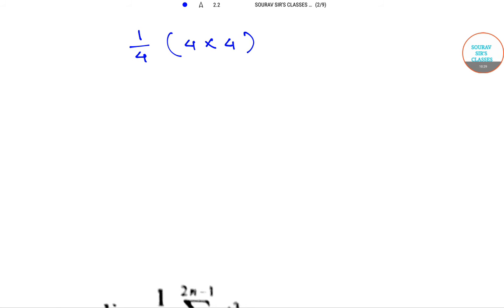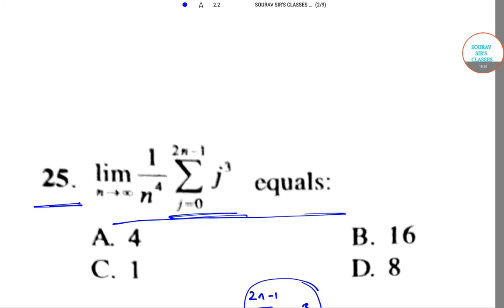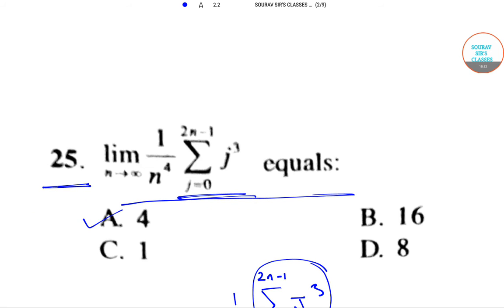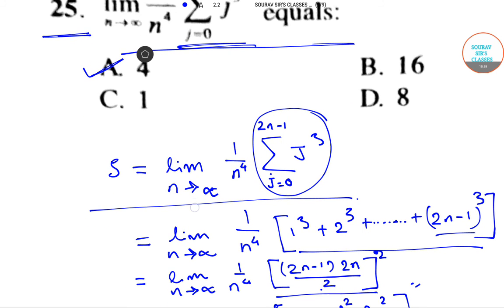Now as we know the value, if we just solve it, this will be 4. We now have the answer, obviously: option A, 4.